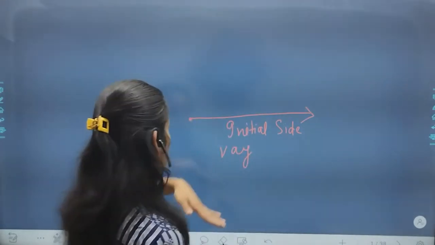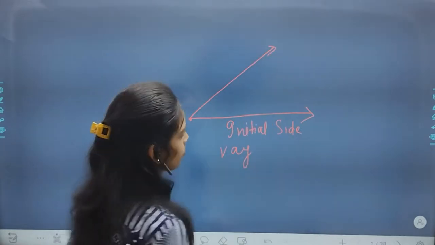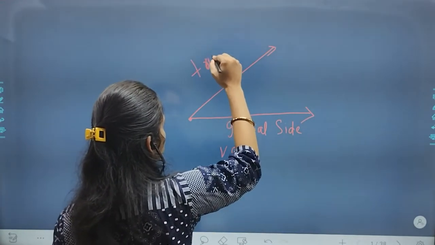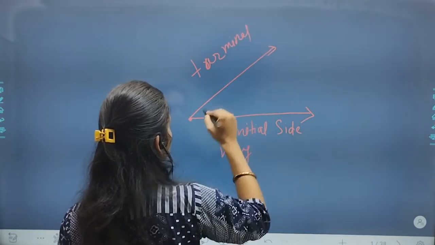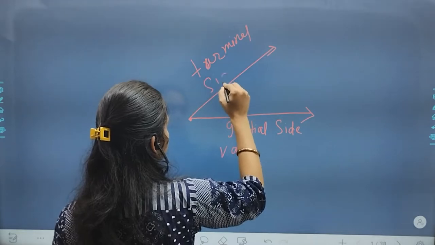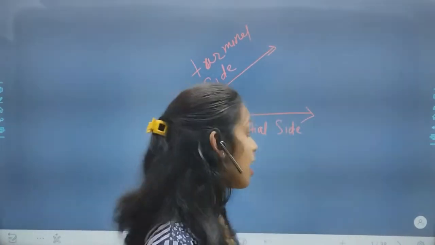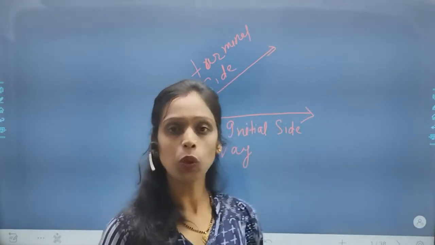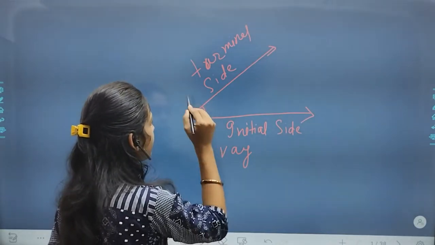And it rotates like this, then its final position is called the terminal side, and when it is rotating, an angle is created here.